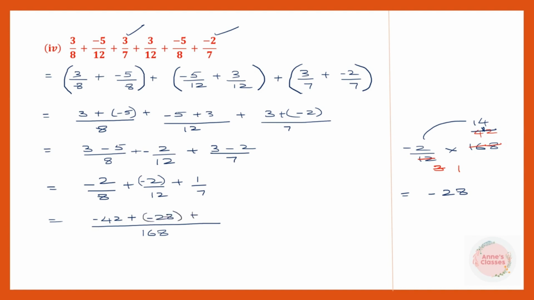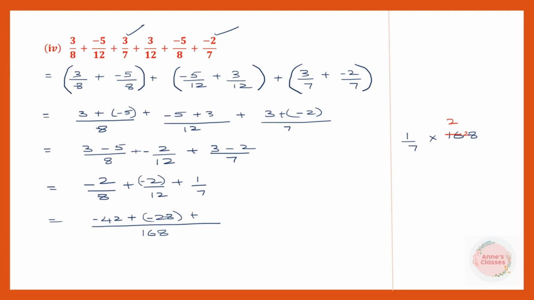And the last one is 1 by 7. So let's take 1 by 7 and multiply it with the LCM, 168. So here we have to cancel 7 and 168. So let's try that slowly. 7 and let's take only 16. 7 2s are 14, isn't it? 15, 16 is 2 left. So now we write the 2 here.